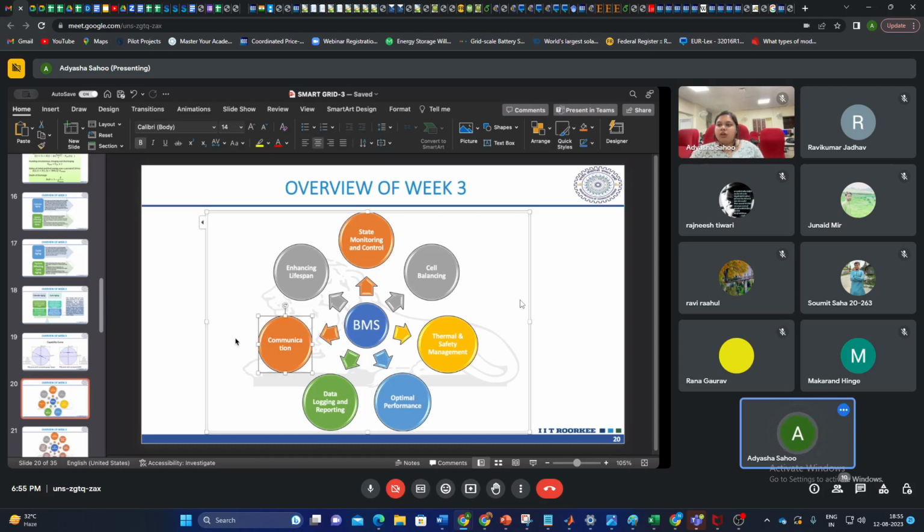Then moving on, communication. The batteries will sense temperature, voltage, and current, and communicate it to the master station or control centers so that they can take the necessary action required.